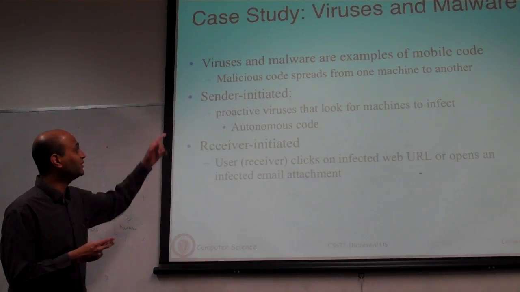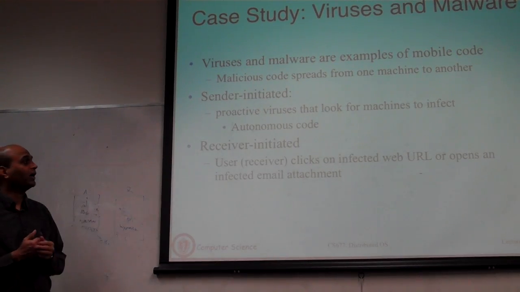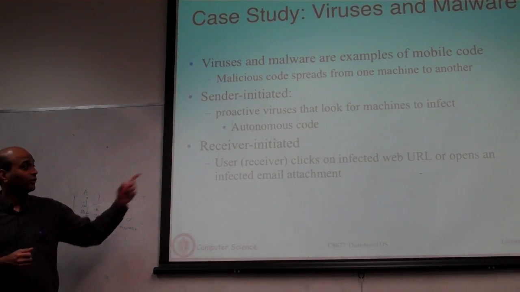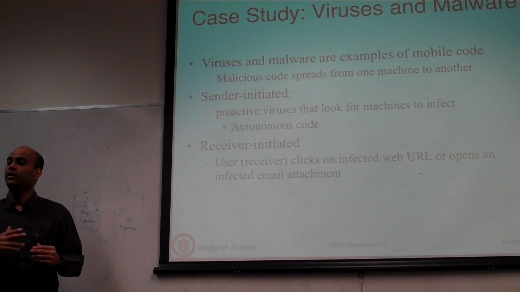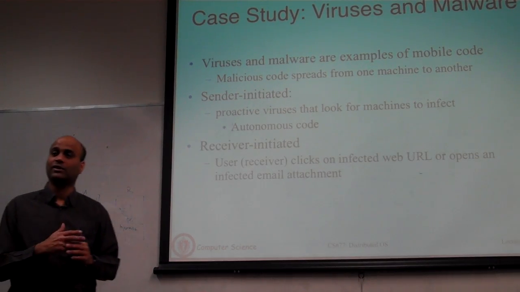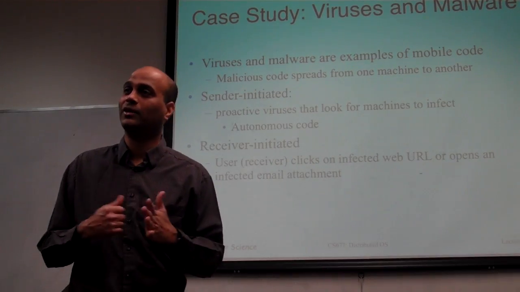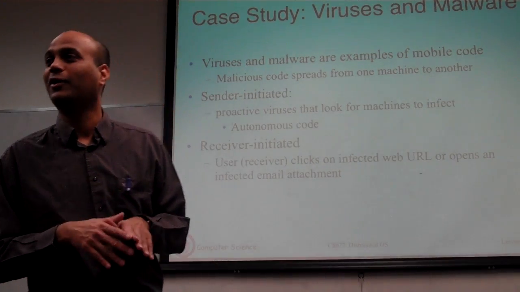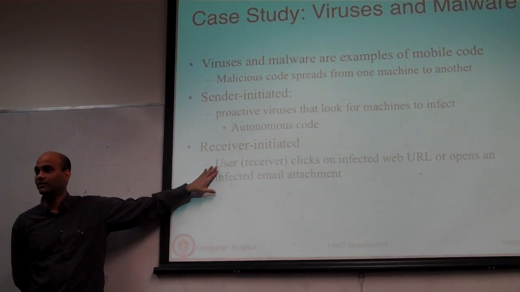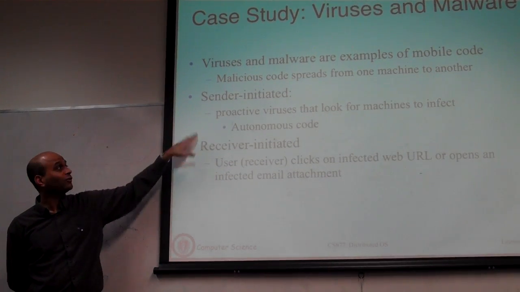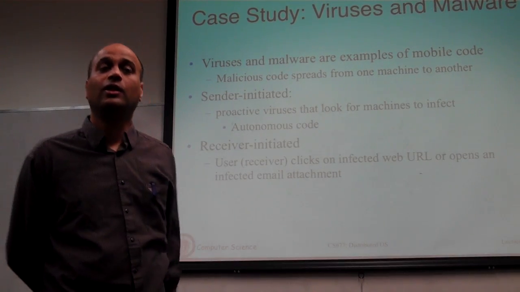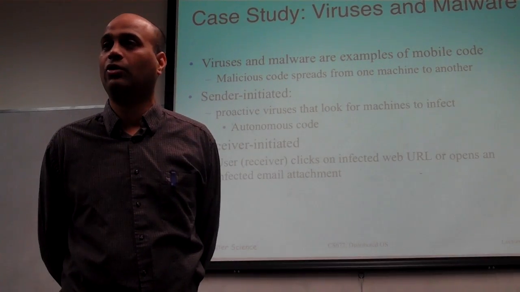It is typically sender initiated, where you have proactive viruses that go and infect other machines. It could be receiver initiated. If you get, let's say, a phishing attack in email saying click this attachment and you will get $1 million or some such thing, and you click that attachment and infect your machine, that's a receiver initiated example. So you have both sender and receiver initiated examples. The other thing I should mention is this is clearly all mobile code.